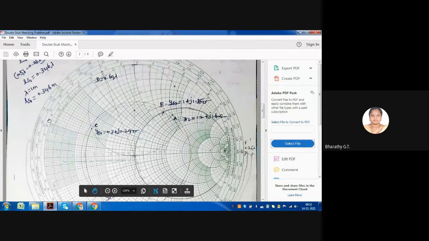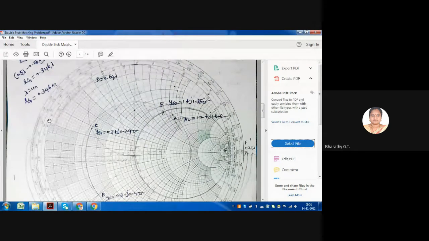Students, have you drawn the G circle? Yes, ma'am. Okay.